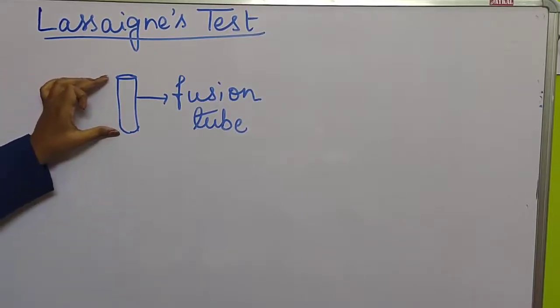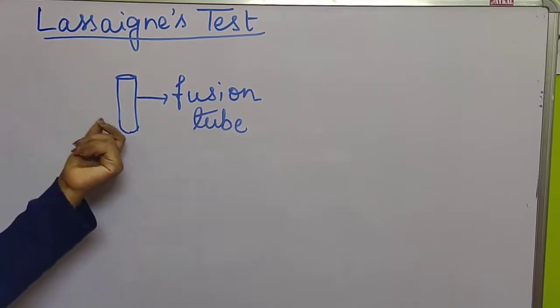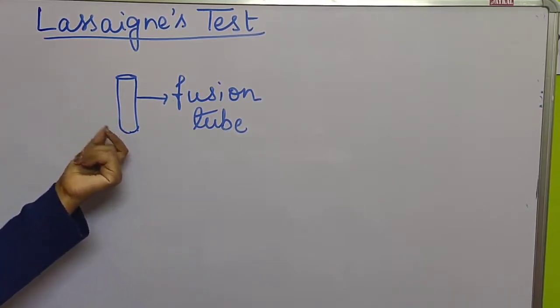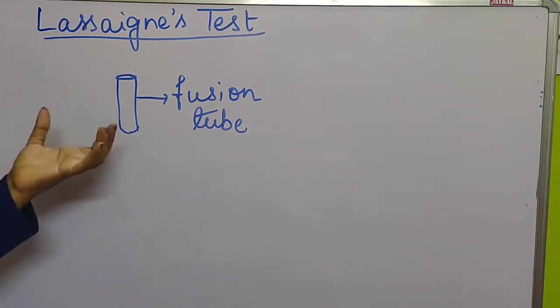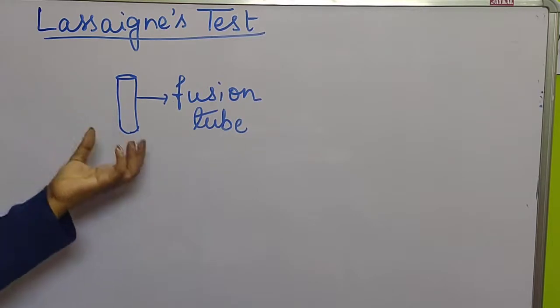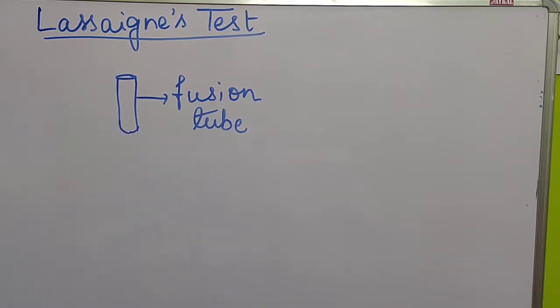The fusion tube is smaller, and it is made of very hard glass, so it can withstand a large amount of heat and temperature.